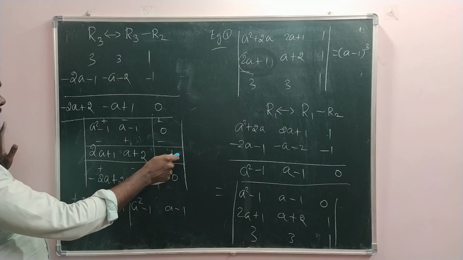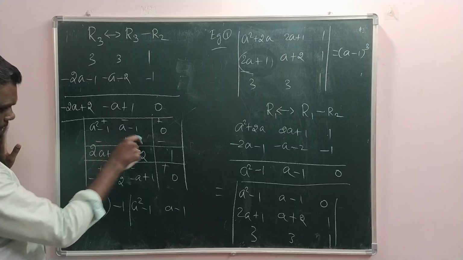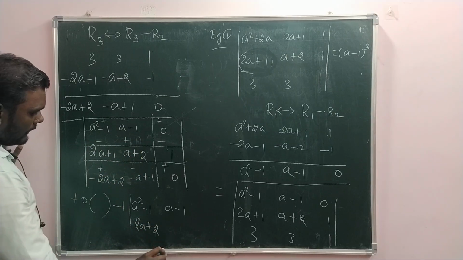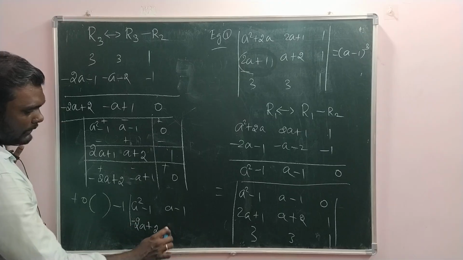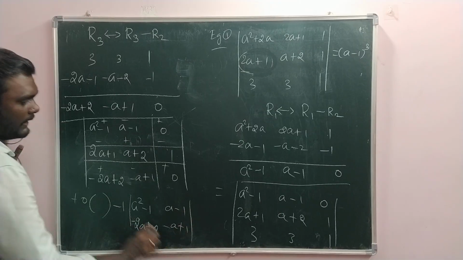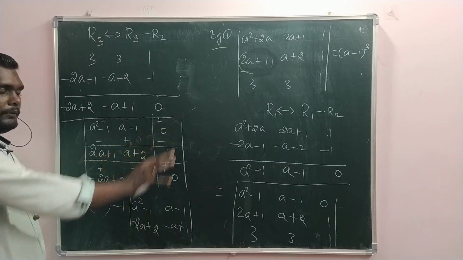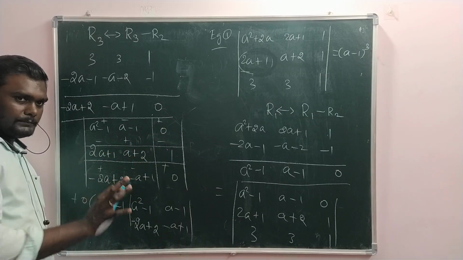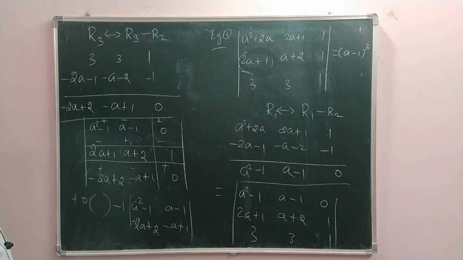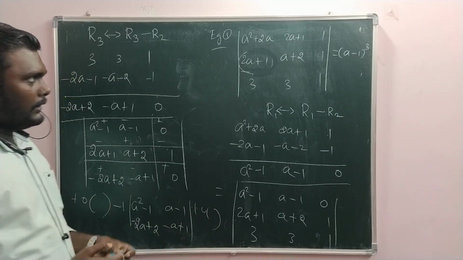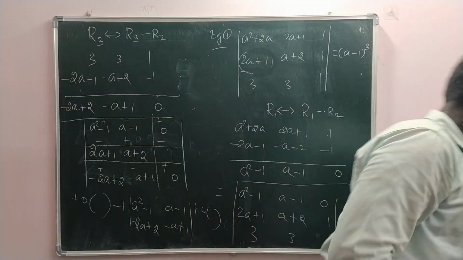Without leaving this row and this column, these two elements, 2a plus 2. See, for your understanding purpose only, I kept that plus, minus and all. Don't get confused while writing here. That is for the cofactor sign. And then plus 0 into something. We don't bother.